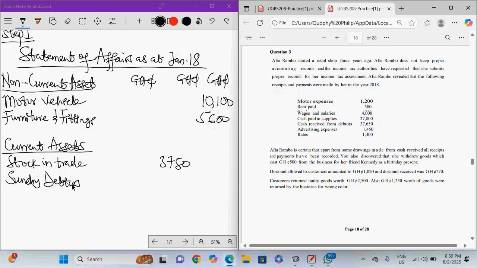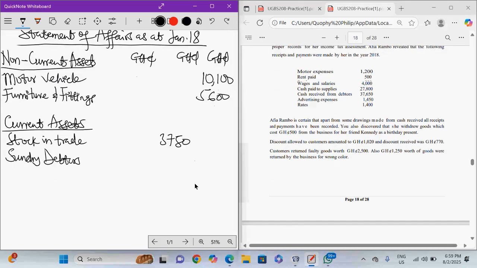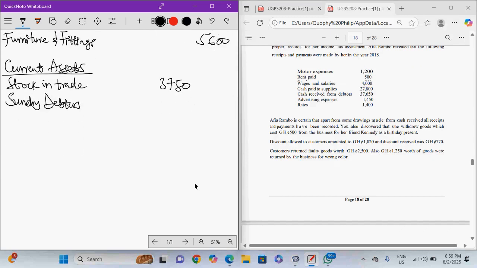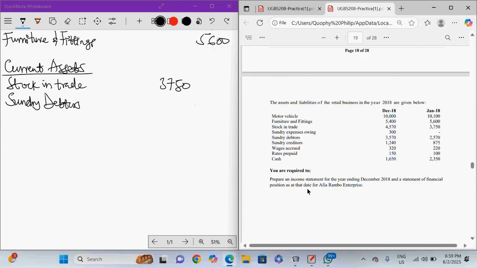No, that will be in the income statement. That is when they withdraw goods. So it doesn't affect here. So let's continue.